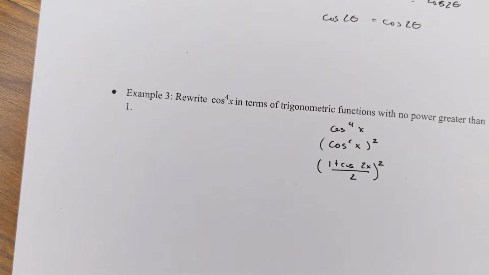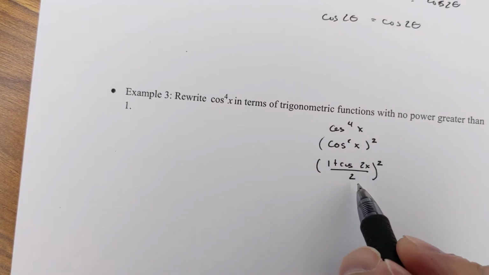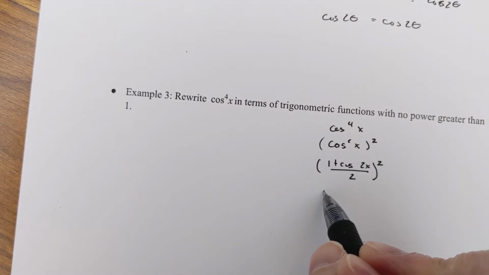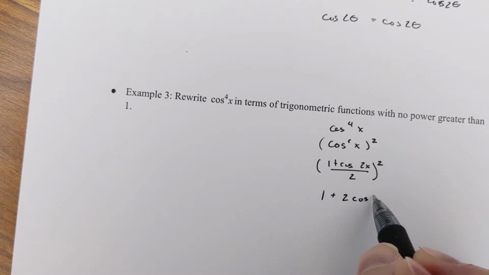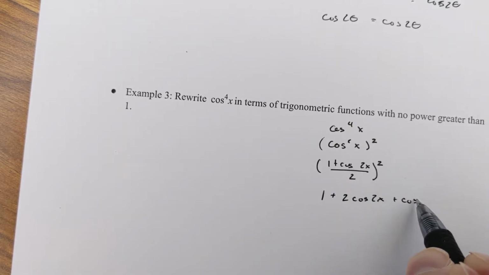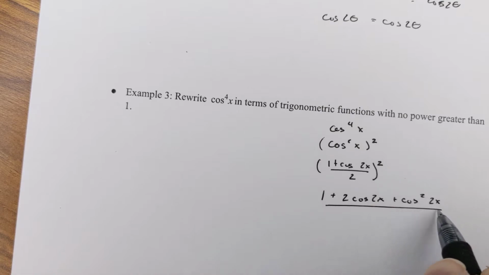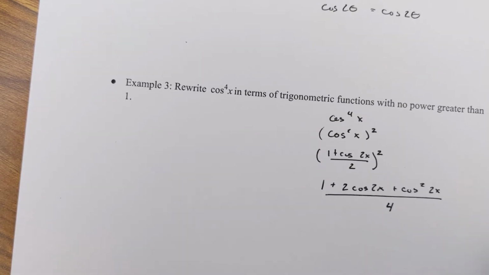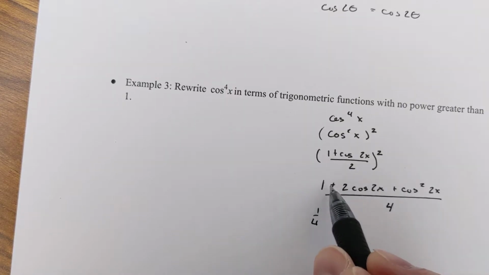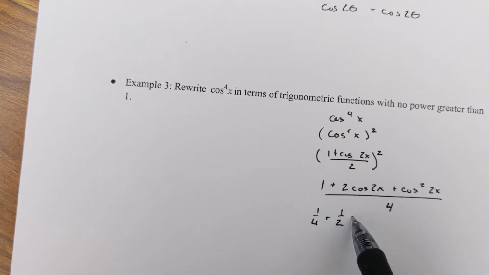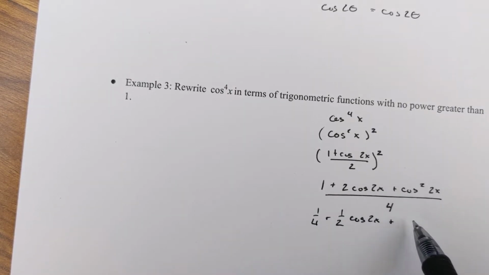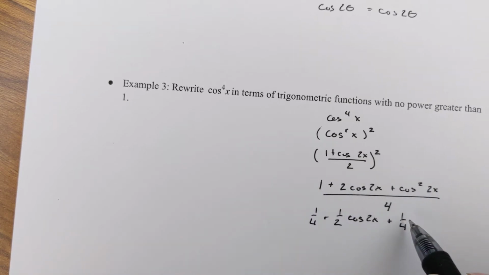Now, since I'm squaring, I can work this out. There's a FOIL on the top and a square on the bottom. So this stuff squared is 1 plus 2 cosine 2x plus cosine squared 2x, all over 4. This is the same thing as 1/4 plus 1/2 cosine 2x plus 1/4 cosine squared 2x, and I can reduce this guy again using the same formula.